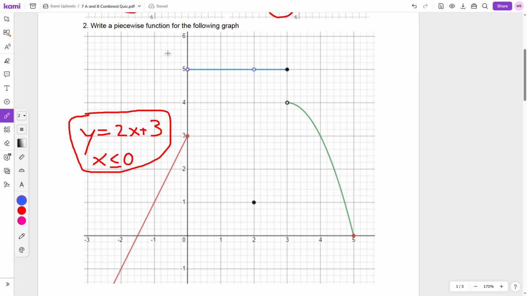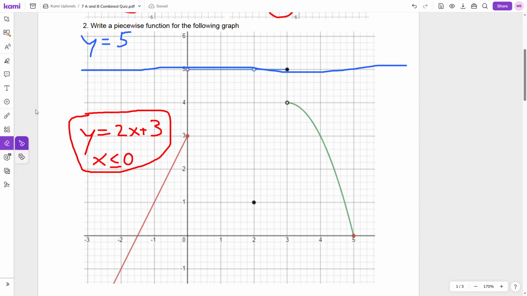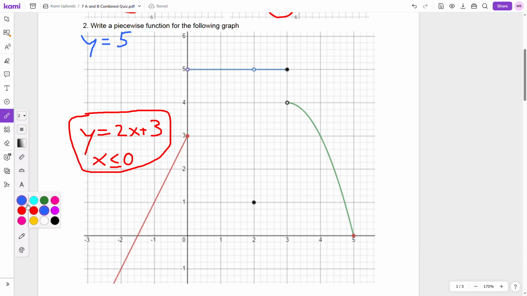This blue part, if I did the whole line, it would be y equals 5. It's a flat line with no slope. But there's restrictions in the domain. So this is only between 0 and 3. So x is between 0 and 3.